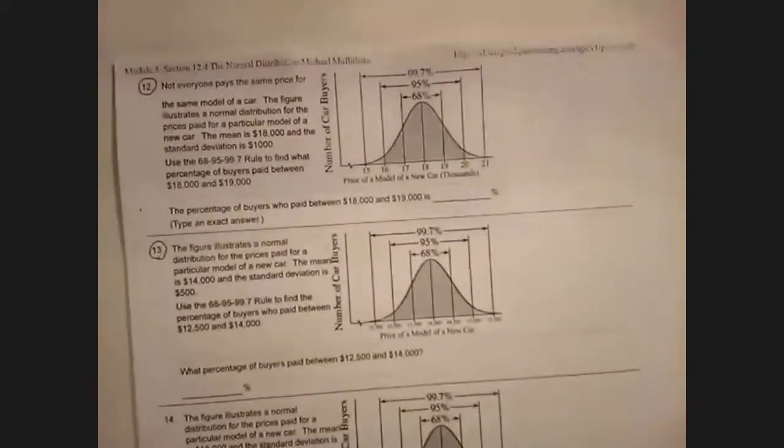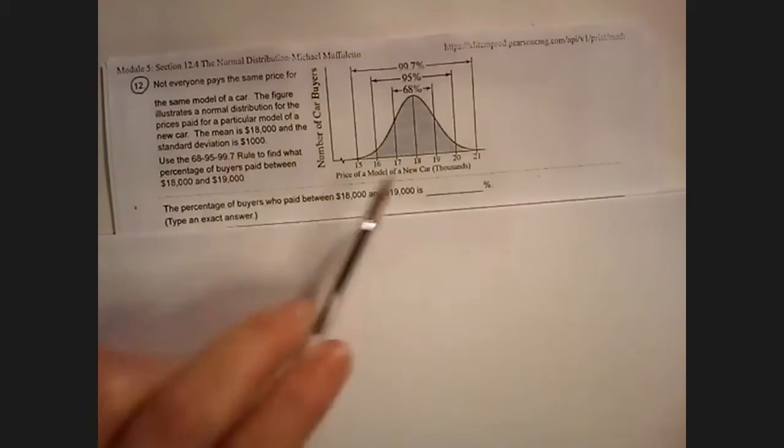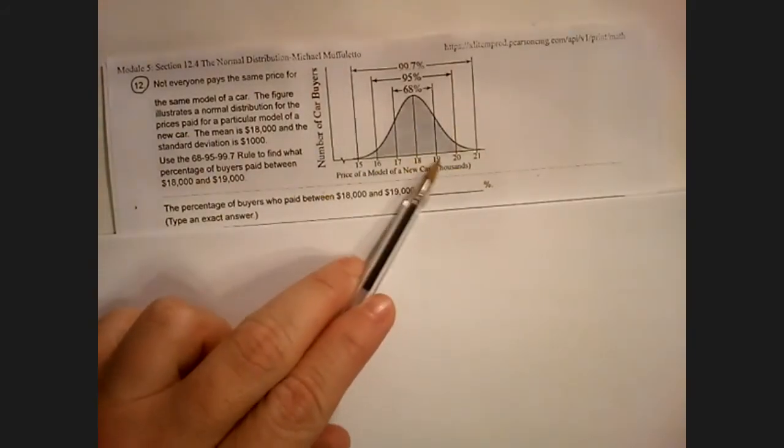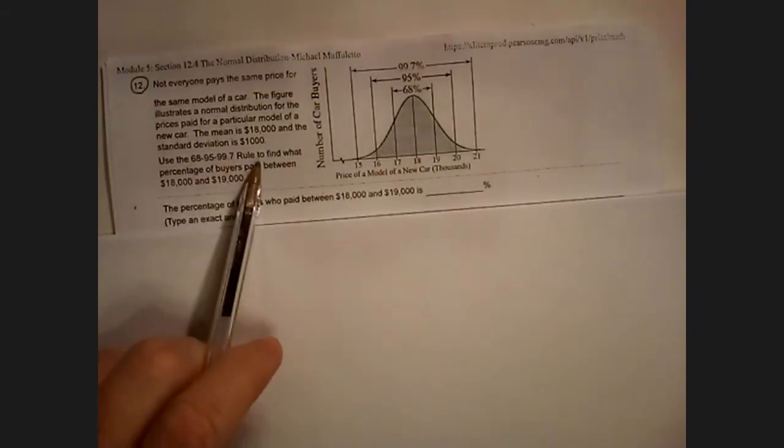Number 12, we'll do the same thing. Number 12 is the same question about buying a car, except now my mean is 18,000 and the standard deviation is 1,000. So each 1,000 would go out. It says use the 68, 95, 99.7 rule to find what percentage of buyers paid between 18 and 19.